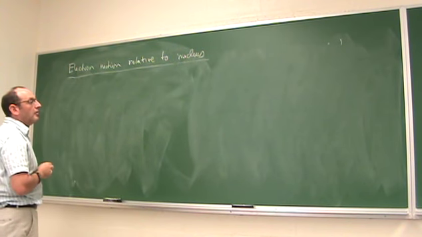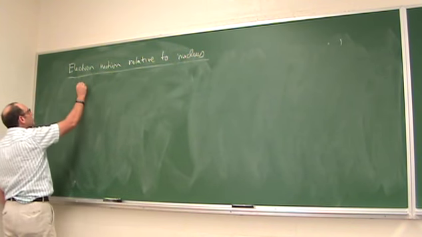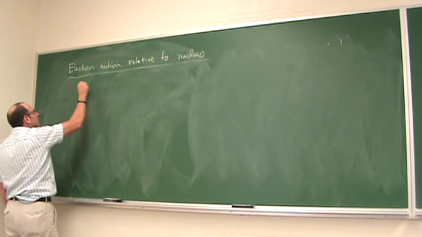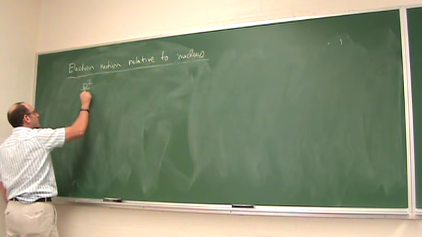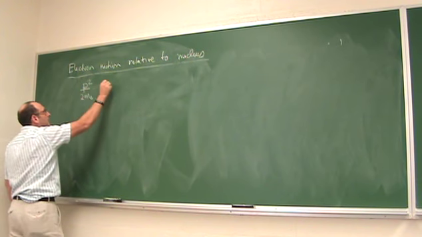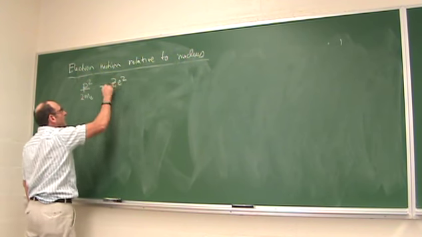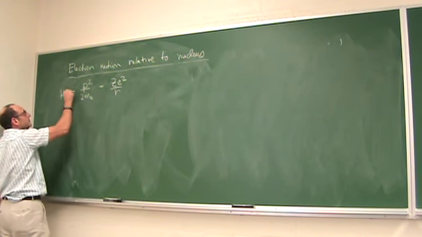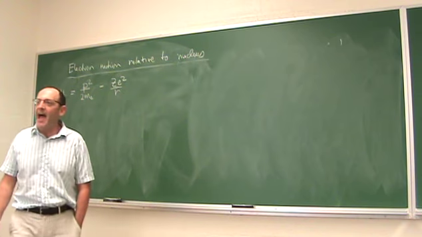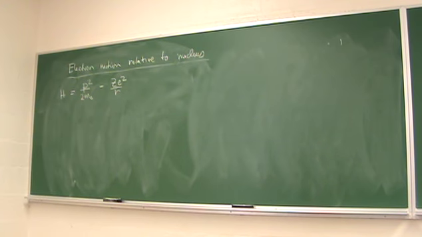So in this case, what we have is p squared over twice the mass of the electron minus Z e squared over r. That's my Hamiltonian. I'm going to drop the hats because they're too annoying to carry around.